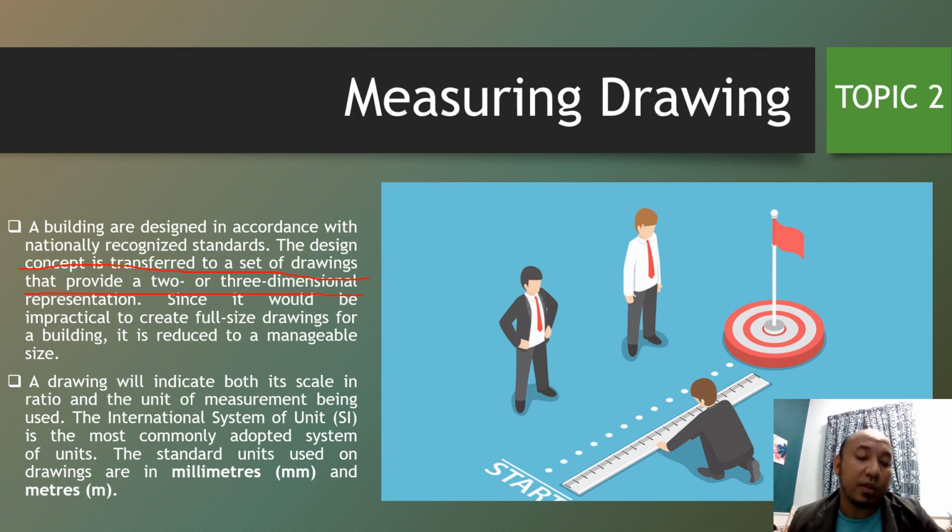So everything depends on the ratio that we use for the measured drawing. The international system of units, SI, is the most commonly adopted system of units. The standard units used in drawing are millimeters, mm, and meters. So they use millimeters and meters.